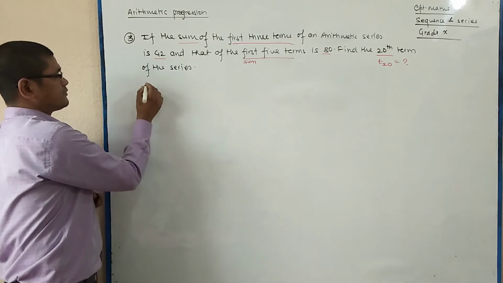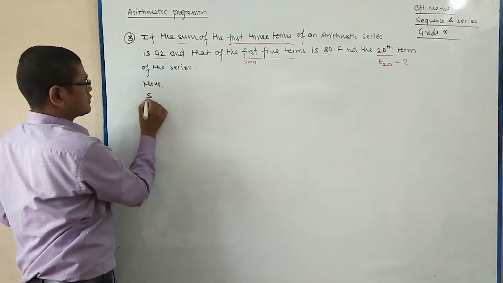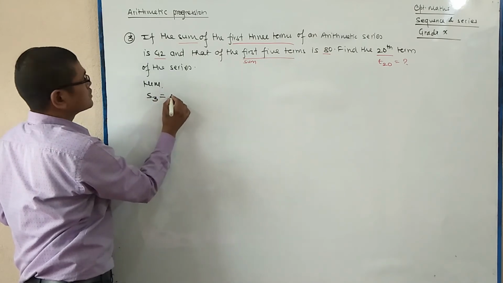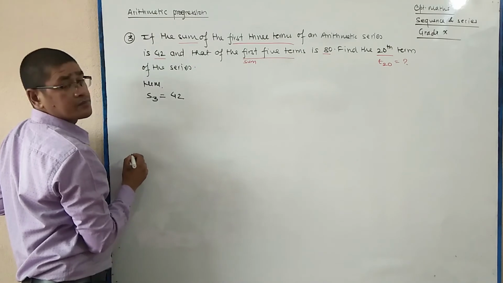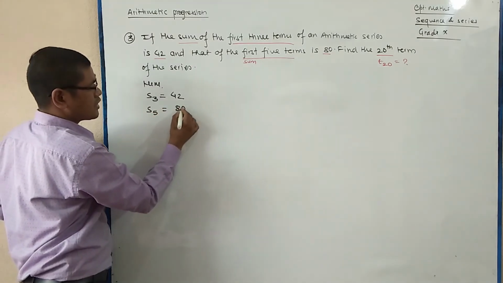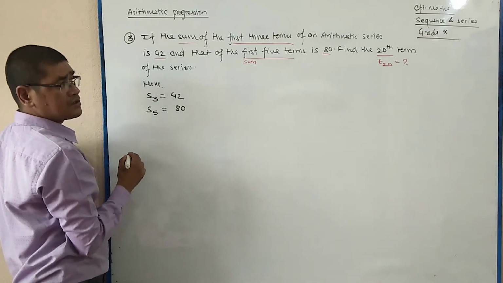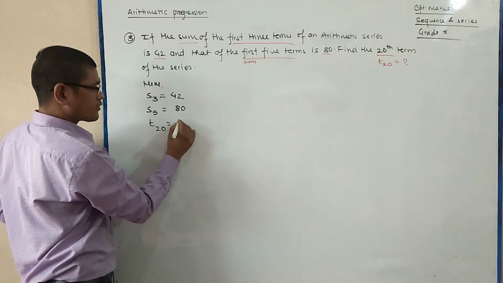Okay, let's start here. Sum of first 3 terms, S3 equals 42. And that of first 5 terms, S5 equals 80. We need to find the 20th term. T20 equals what?